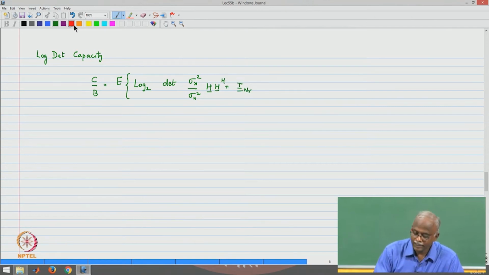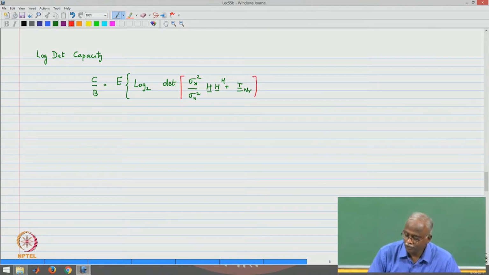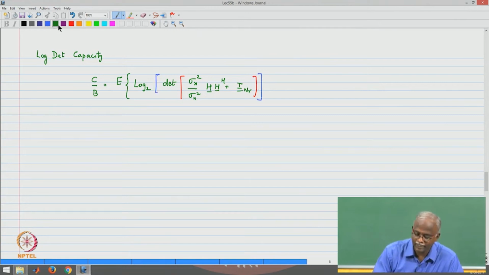Okay. So, the determinant is for this form, the logarithm is for the outer bracket, and then the expected value.